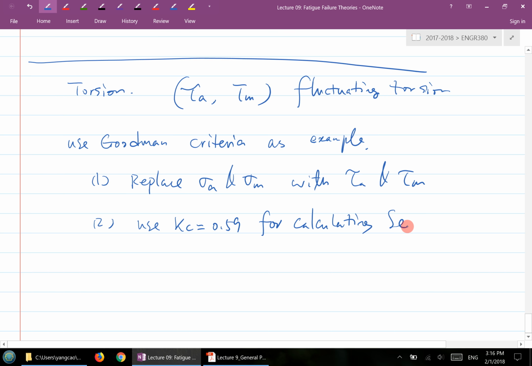SE is in the Goodman line, and when you calculate SE, make sure the loading factor Kc value is 0.59, because 0.59 corresponds to the torsional loading.